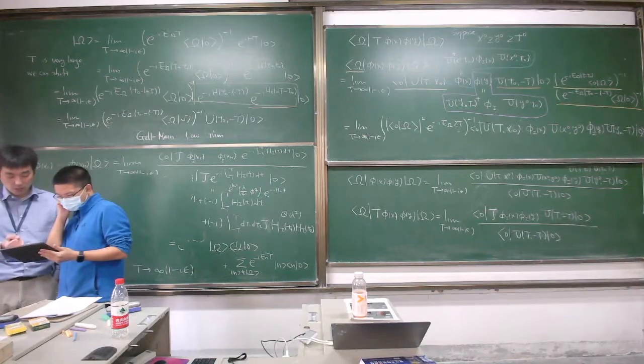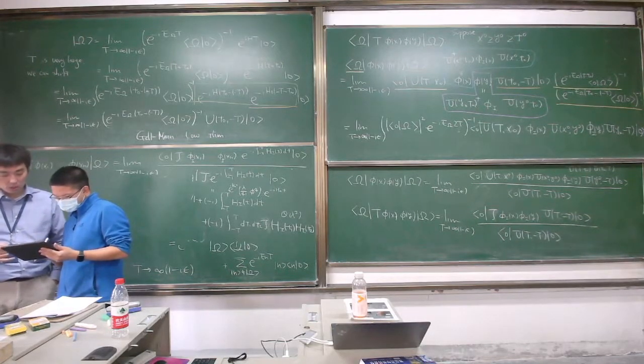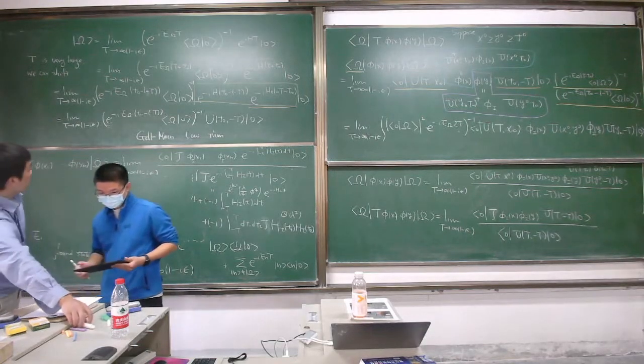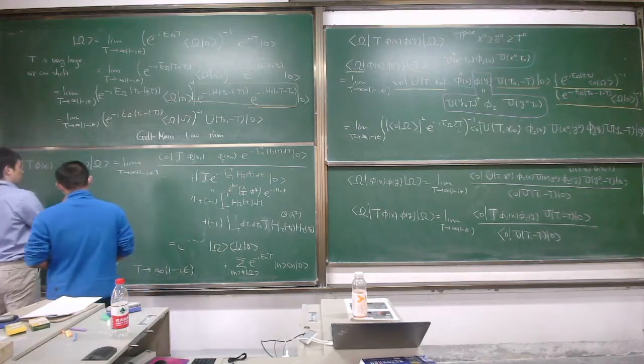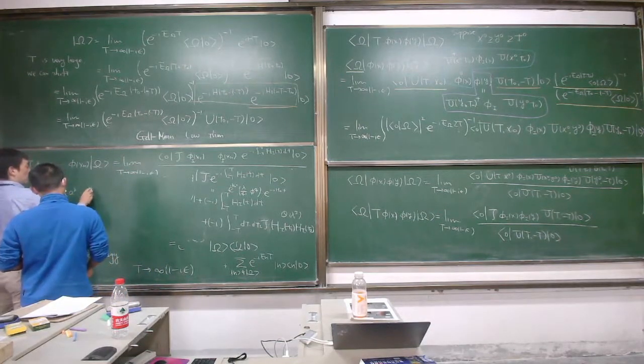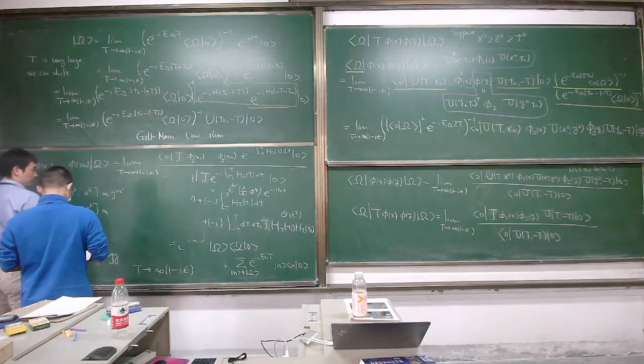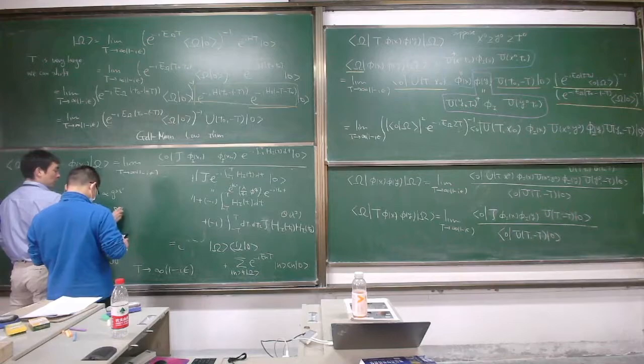If you lower the indices, it becomes G. The lambda prime has proportional G and lambda prime, and we have lowered the indices. Just multiply delta lambda.